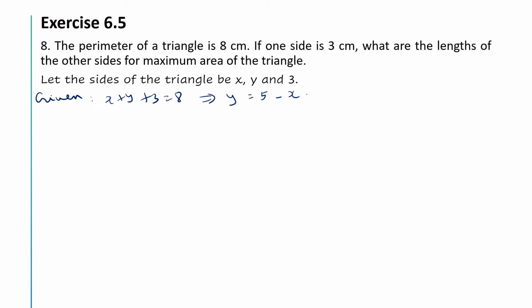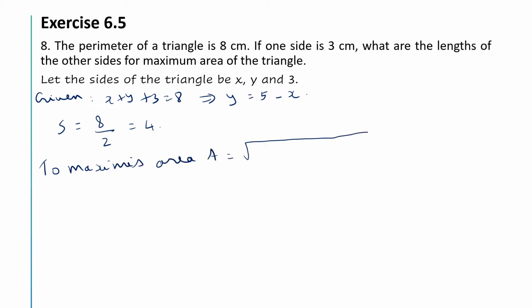Now we know that the semi-perimeter is the perimeter divided by 2, or it is 8 by 2, which is 4. So we have to maximize the area. To maximize area A, using Heron's formula we can find area as under root s into s minus a into s minus b into s minus c, where a, b, c are the sides of the triangle.